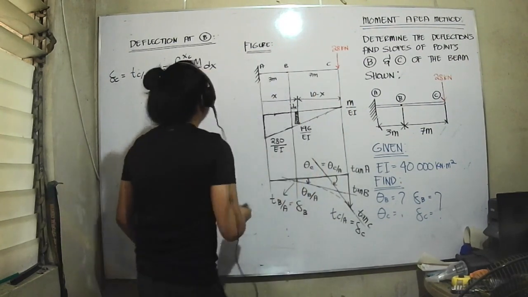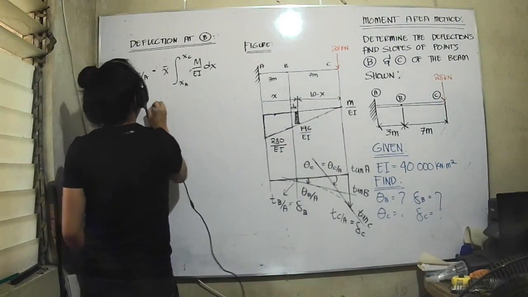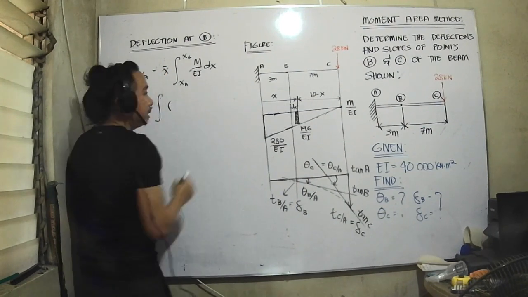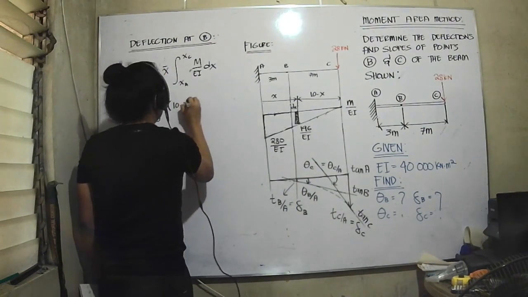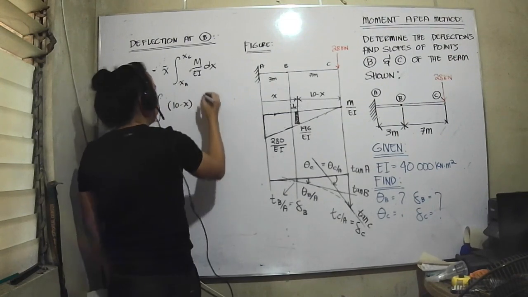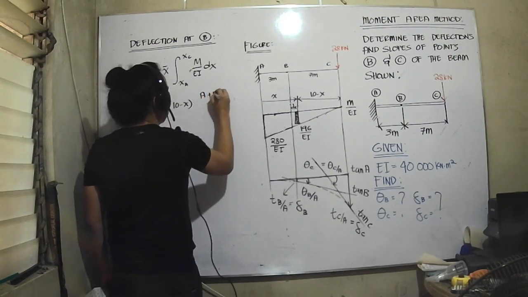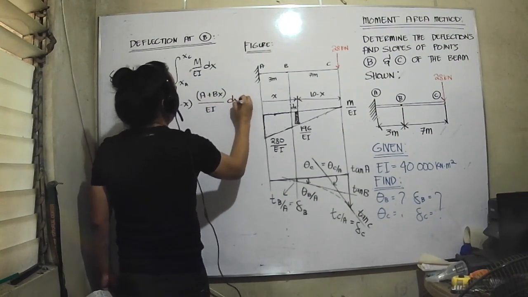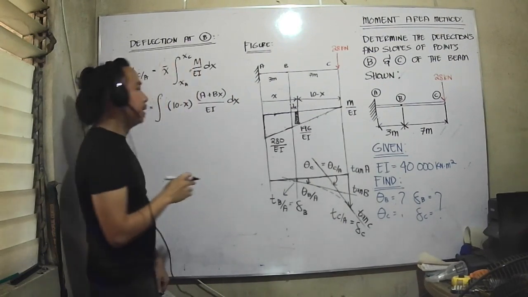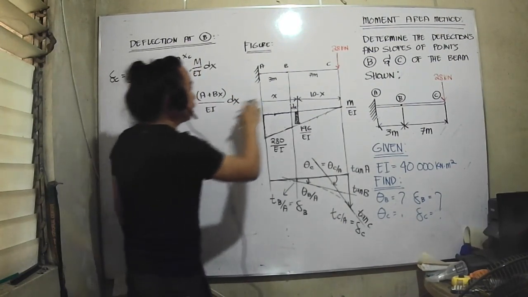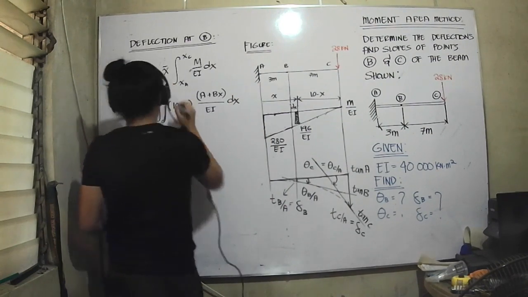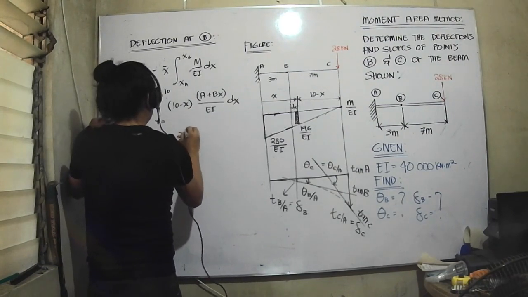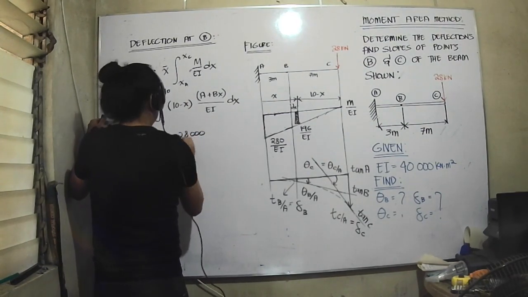Integrate from A to C, 0 to 10. So, ako makuha dahil dari gyapon kay 28,000 EI.